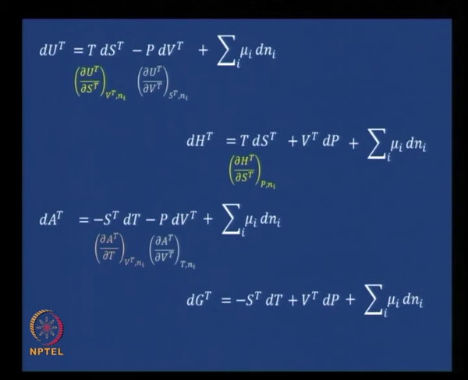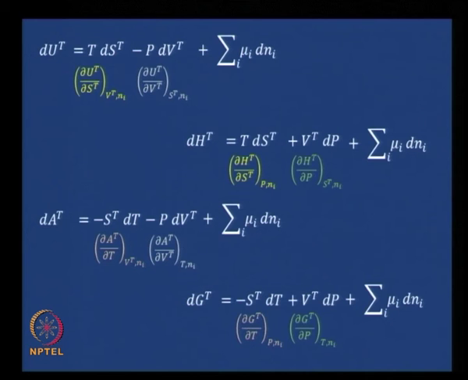Minus S_t is ∂A_t/∂T at constant V_t and n_i. Let us look for another S_t. It is here, minus S_t equals ∂G_t/∂T at constant P and n_i. Similarly, this V_t can be written as ∂H_t/∂P at constant S_t and n_i, and V_t which appears here can be written as ∂G_t/∂P at constant T and n_i.